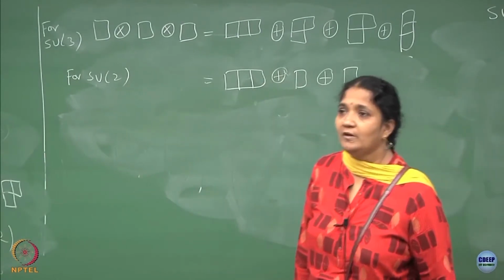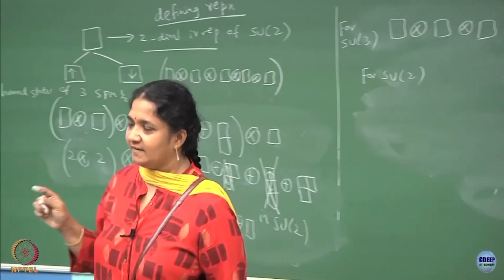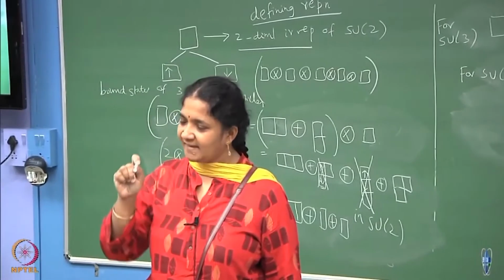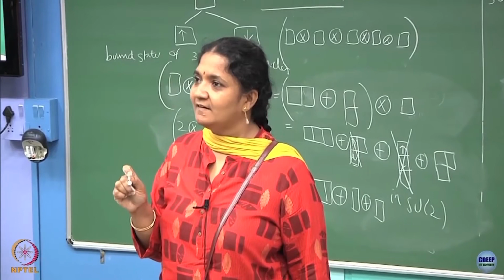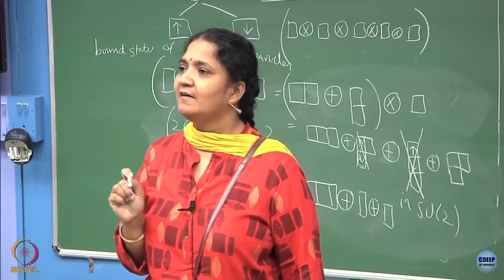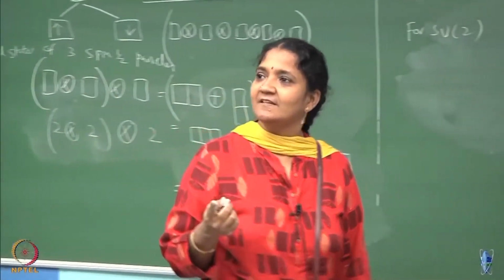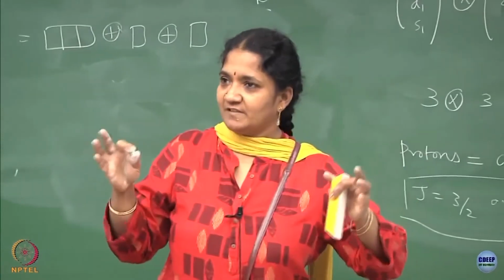So, that is a good point. This single box indirectly has an information that there are 3 spin half particles which are composed to give you a spin half, right. You can do it in 2 ways. So it is 3 objects, right.